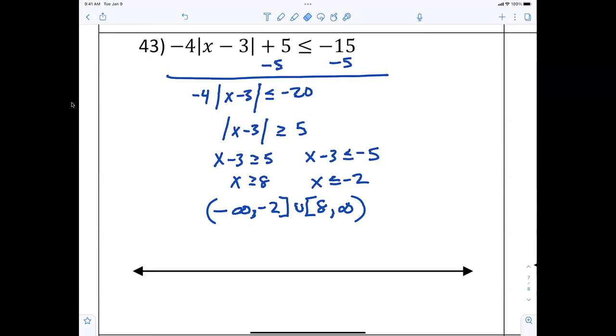Honestly, that's as hard as it gets as far as solving absolute value inequalities. All right, I'm going to do one more.